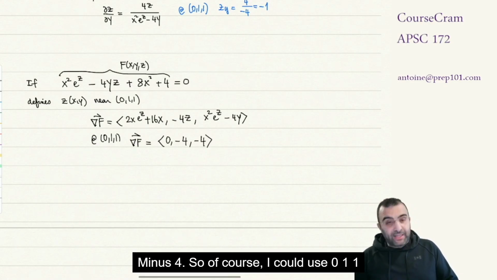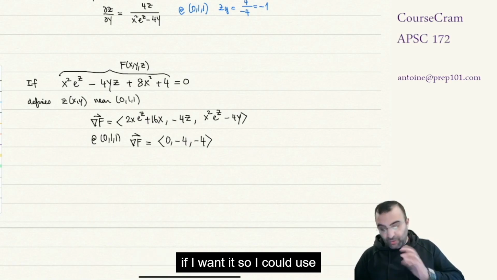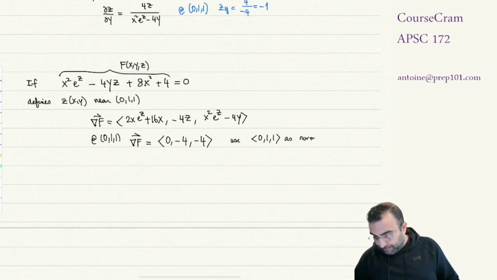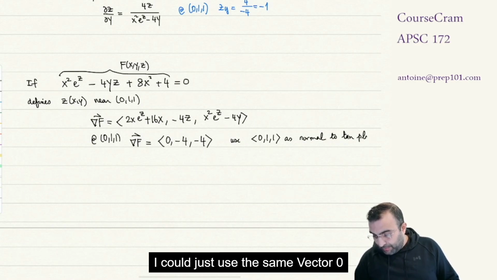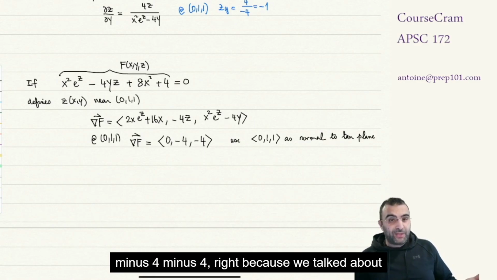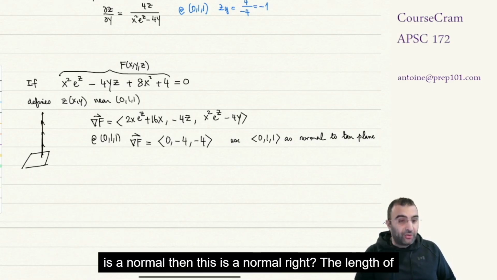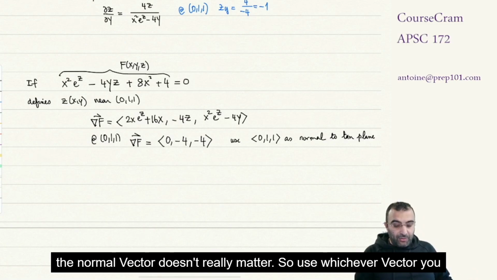So of course I could use (0, 1, 1) if I wanted. I could use the vector (0, 1, 1) as normal to the plane, or I could just use the same vector (0, -4, -4). Because we talked about this: if this is a normal, then this is a normal, and so is this. The length of the normal vector doesn't really matter, so use whichever vector you want.